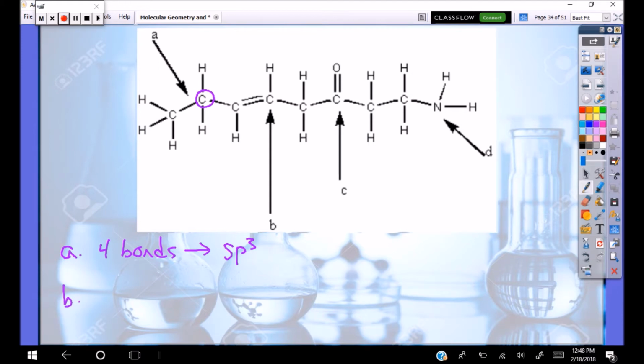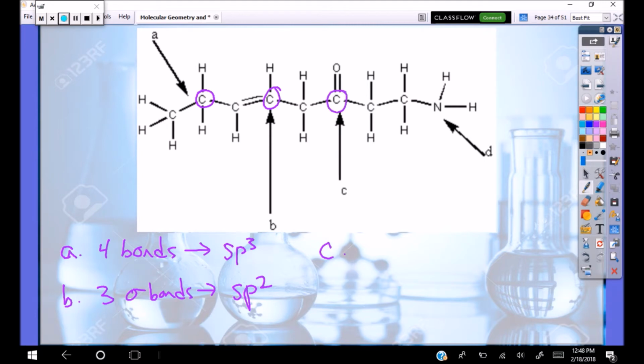All right, what about this carbon at B? Okay, the key here is that that double bond, that pi bond, does not count in your hybridization. You have 3 sigma bonds. That should be the way you determine this, how many sigma bonds. This would be sp2.